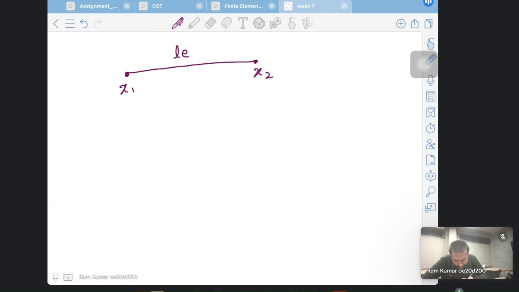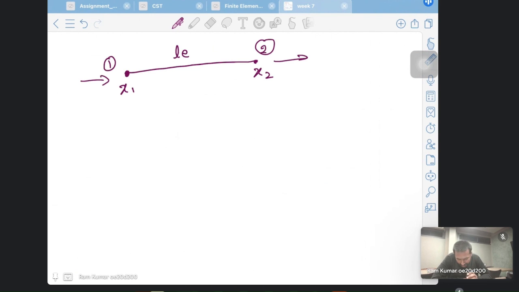This is the length LE, this is node 1, and this is node 2. So we have 2 nodes, x1 and x2, and it moves in the x direction only. This is totally horizontal. It is moving in one direction only.